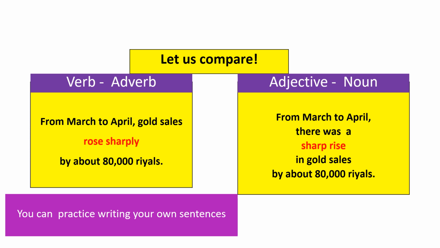In the first sentence, rose sharply is used, while in the other sentence, sharp rise is used. The difference is clear, including the order of words in the sentence. If you follow the way the sentences are written, it would be easy for you to write your description. You can follow any of these sentence structures easily. Try to practice writing your own sentences.